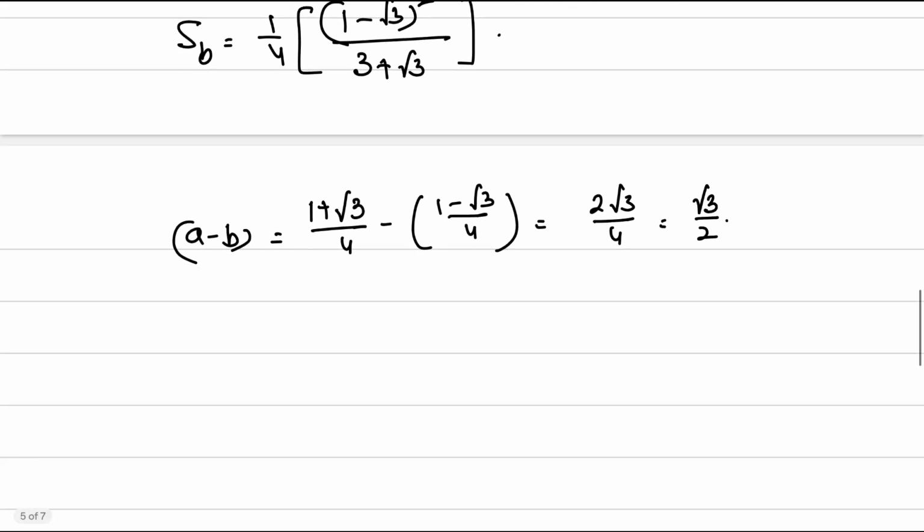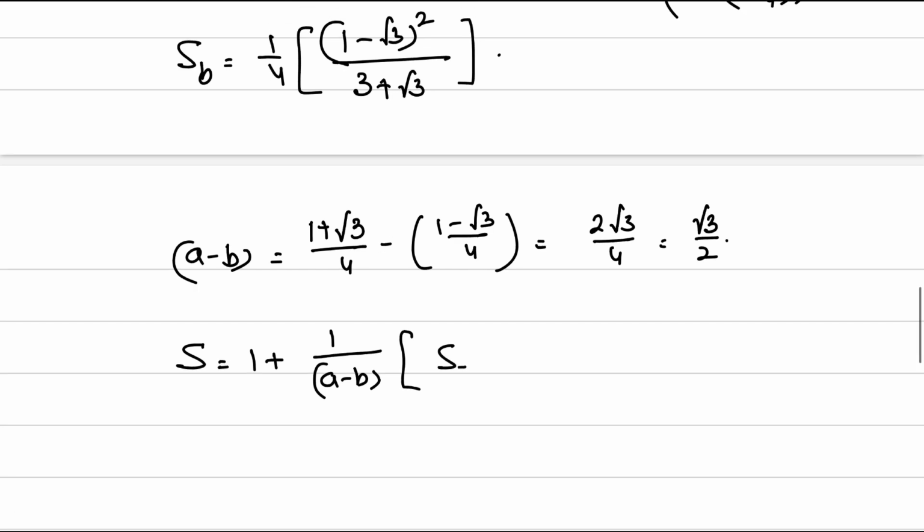Now, what is the value of the total sum? Total sum is equal to 1 plus 1 by (A minus B) into (sum of A terms minus sum of B terms), that is equal to 1 plus 1 by (A minus B), where A minus B is root 3 by 2.